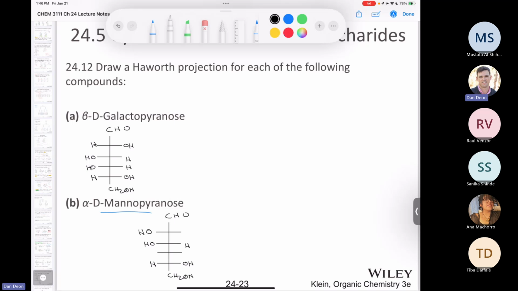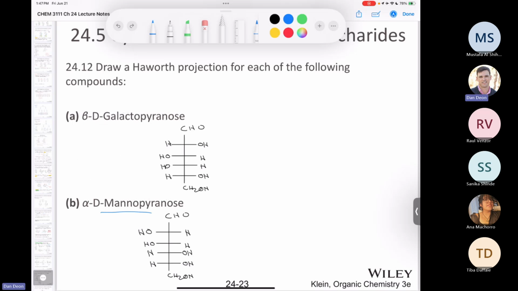So it's going to be something like this and then this. There we go. So that's D-galactose. This is kind of running out of space here, but let me just move this over. So this would be D-galactose. And this one here would be D-mannose.